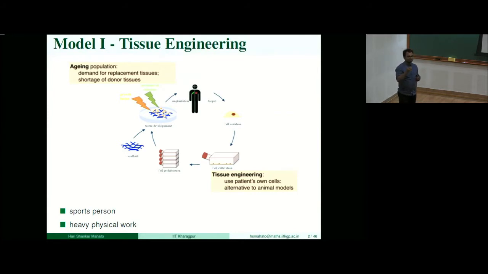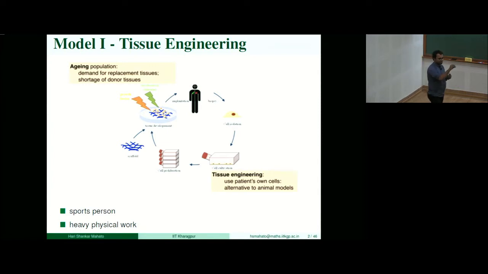That means scientists are making artificial tissues, called scaffold structures. You do the cell seeding in these scaffold structures, cut out the damaged part, and replace the damaged tissues with the help of these scaffold structures.